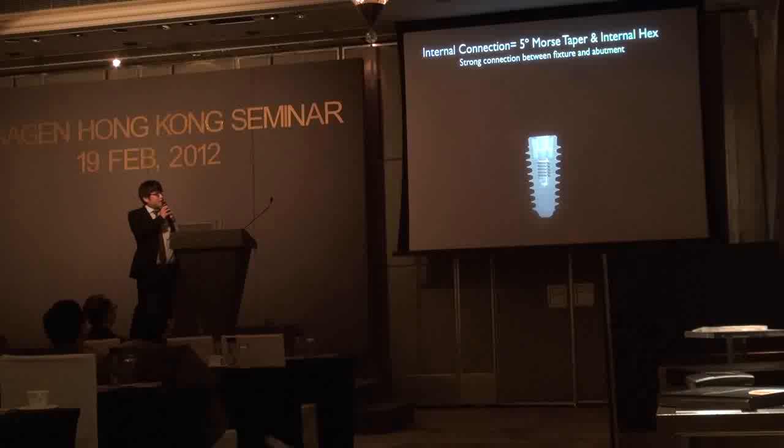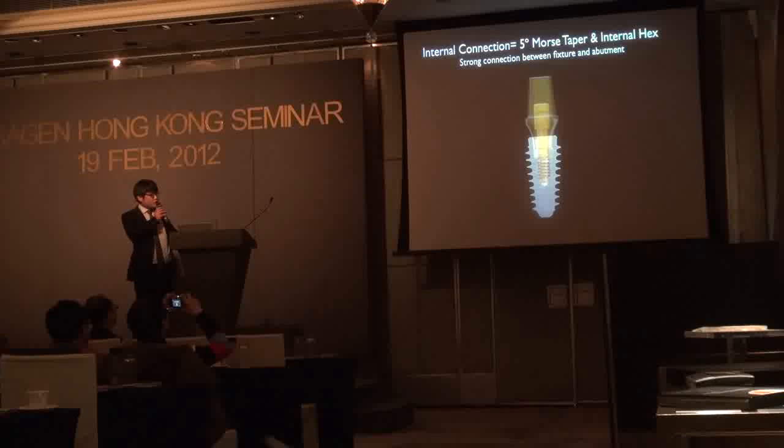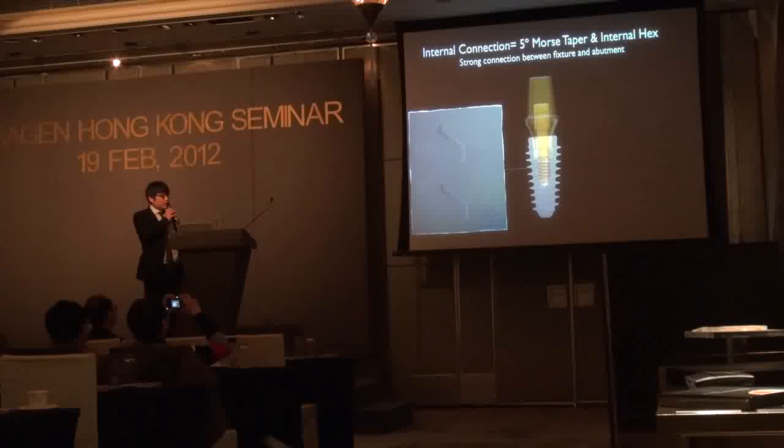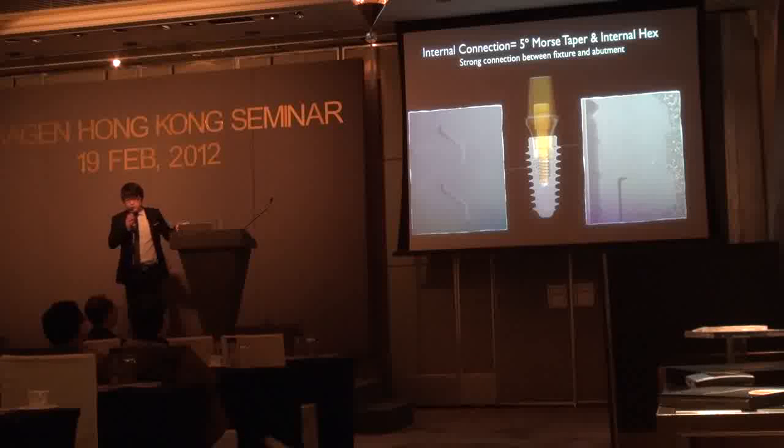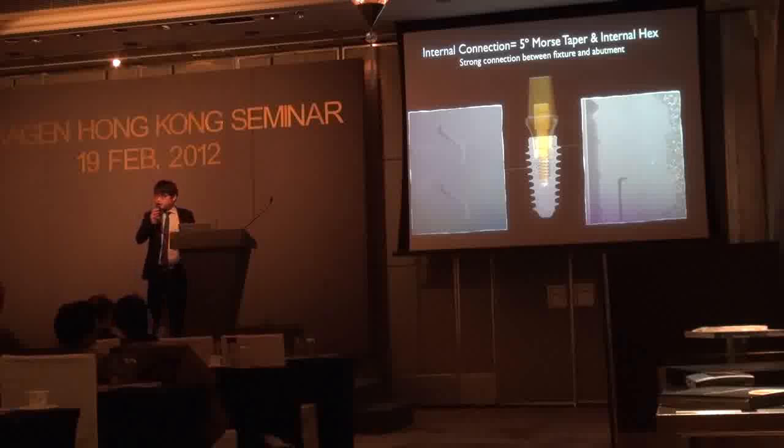So we chose a 5-degree morse taper and internal hex. When you connect the abutment into the fixture, there is an SEM picture like this: a tight contact between the abutment and the fixture, and no micro gap between them, which will solve screw loosening compared to the others.